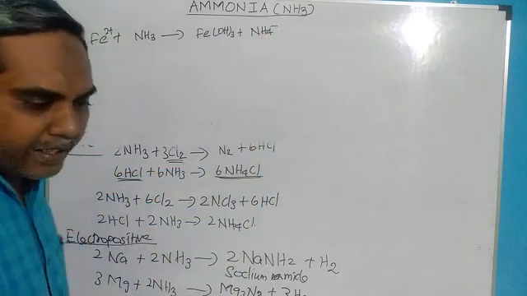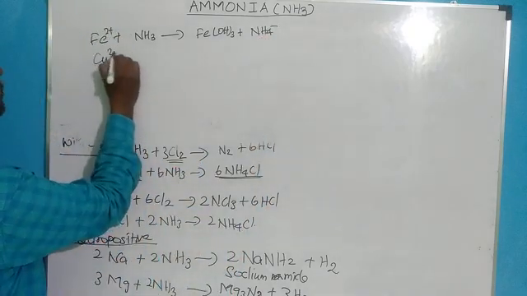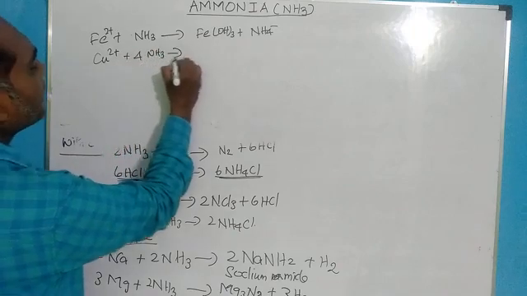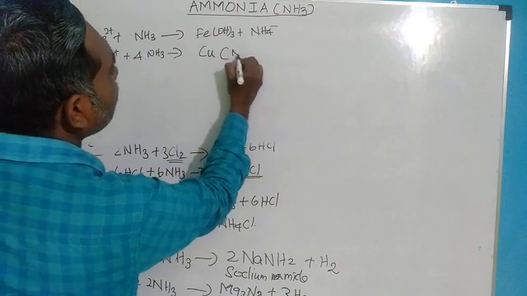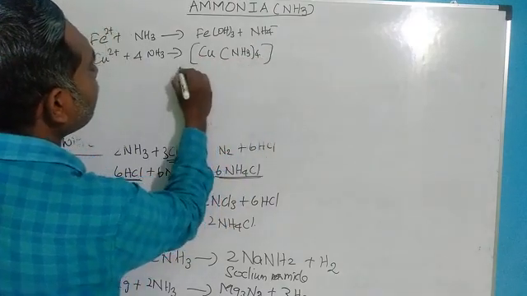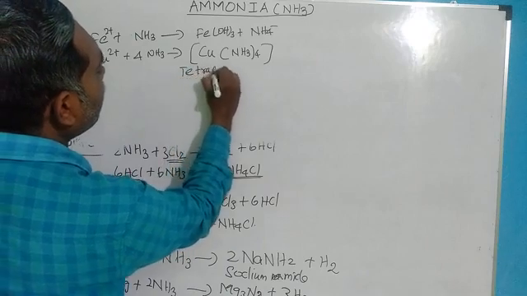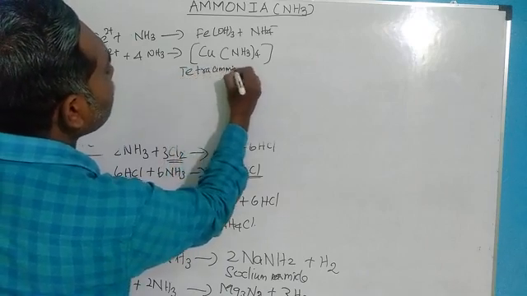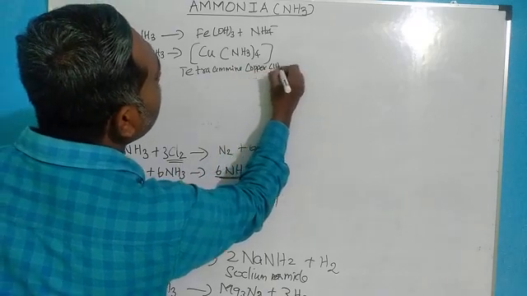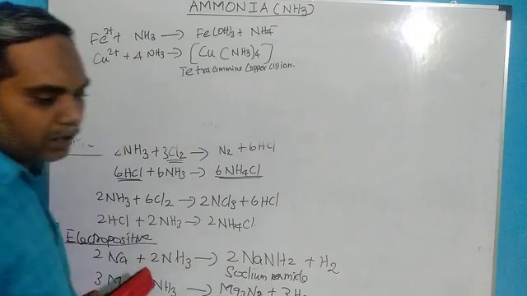When ammonia reacts with copper, we get tetraamminecopper(II) ion, which is a coordination compound.